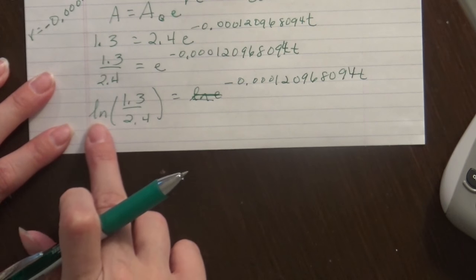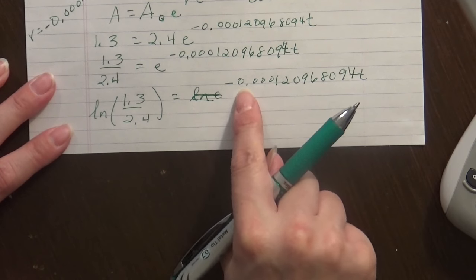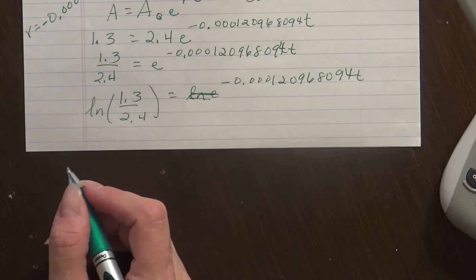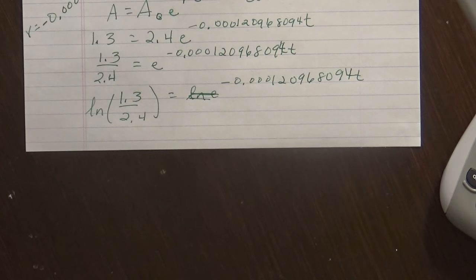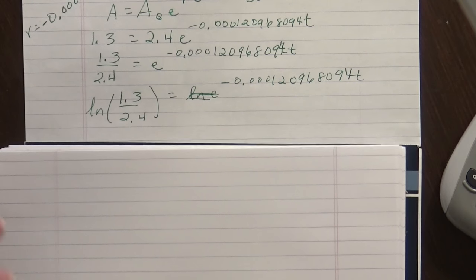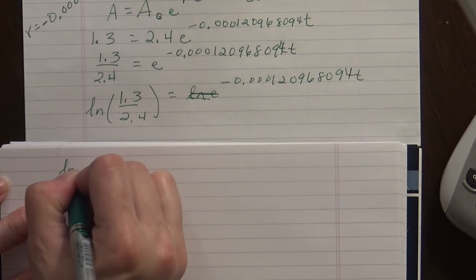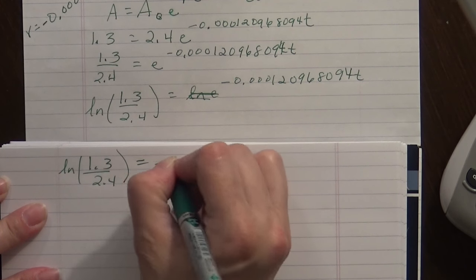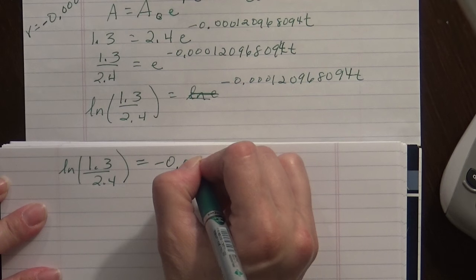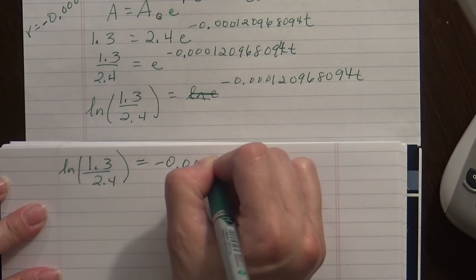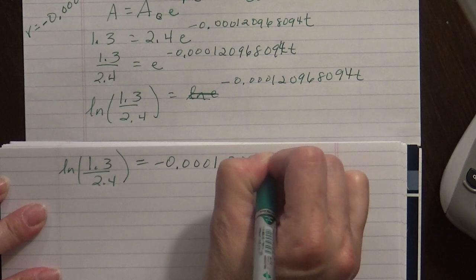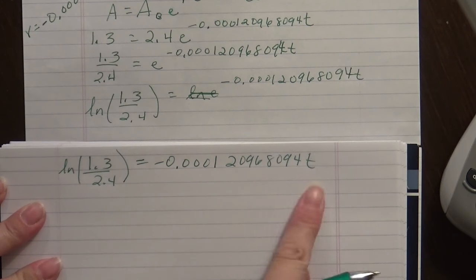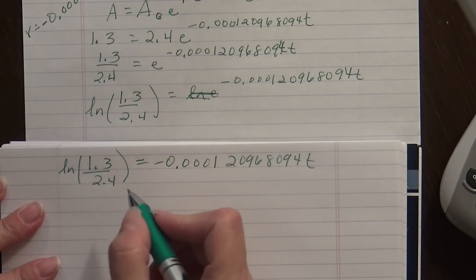Alright, so we've got ln of 1.3 over 2.4 is now equal to that entire exponent. It looks like I ran out of space again. Okay, so we've got ln of 1.3 over 2.4 equals negative 0.000120968094 times t. Now if we divide both sides by that long coefficient, that will give us our t.